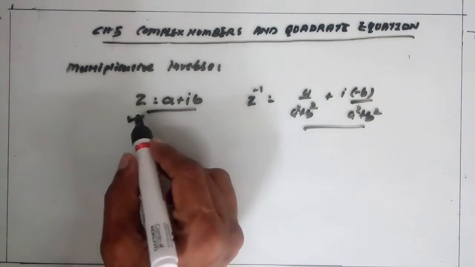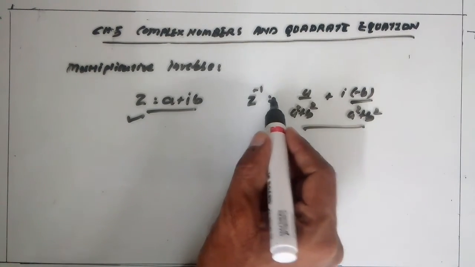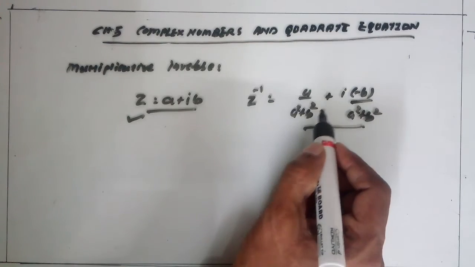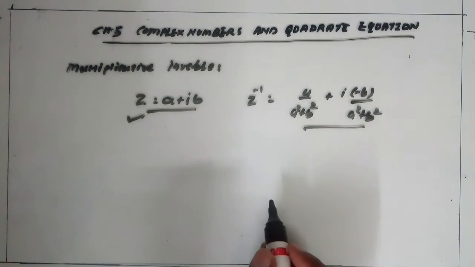So remember this, for z = a + ib, z inverse is equal to a upon (a square + b square) + i into (-b upon a square + b square).